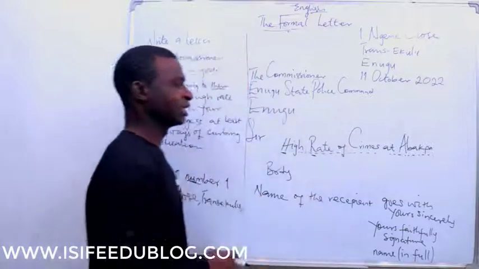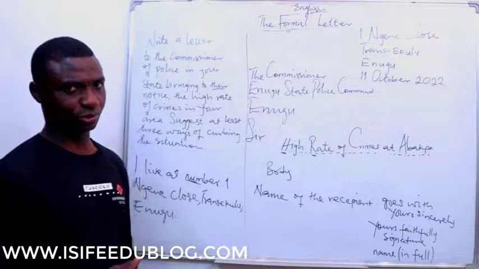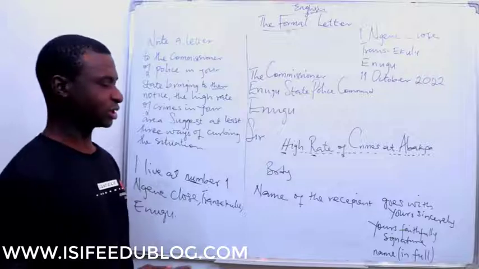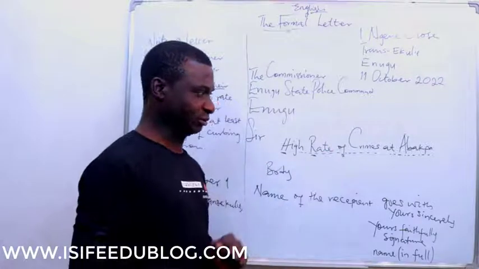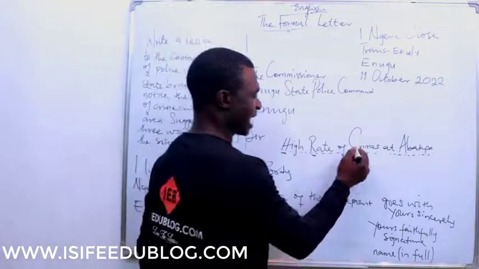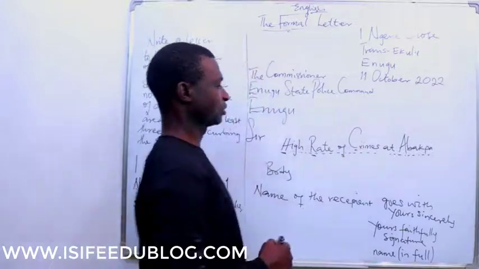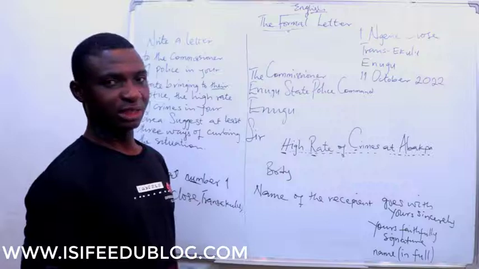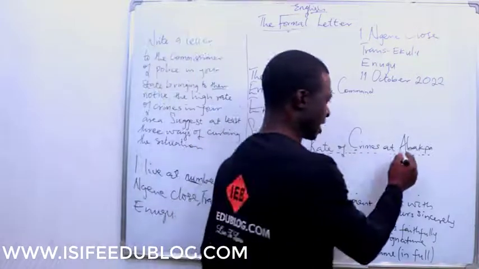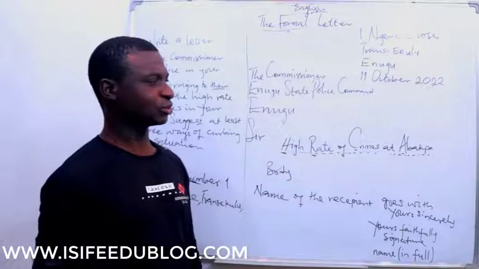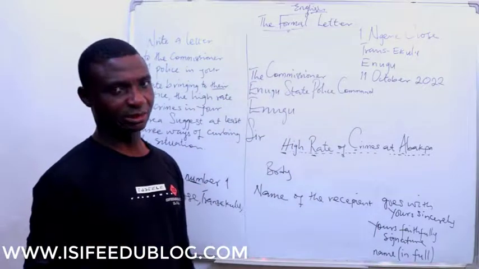Of is a preposition. Because it is not a major part of speech, we start it with a small letter. Crimes, a noun, capitalized. Ababa, a noun, also capitalized.